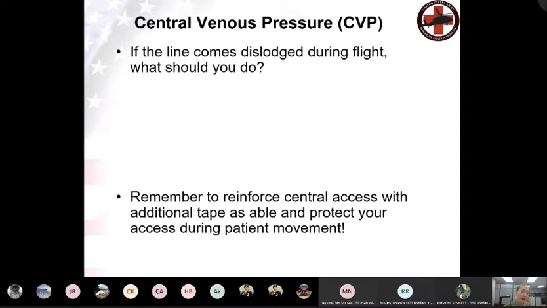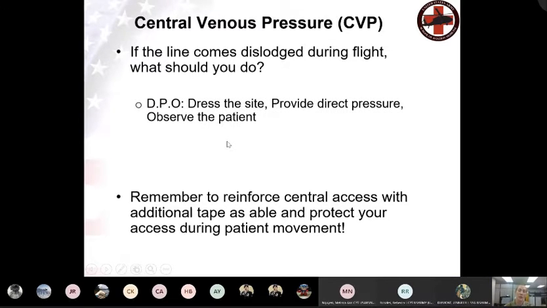Do you remember the mnemonic that we had? Dress the site. Okay, so DPO. We want to dress the site, provide direct pressure, and observe the patient. Certainly, the use of the tourniquet to take the place of the pressure works. We still need to dress that site, though, and observe for that patient's response.